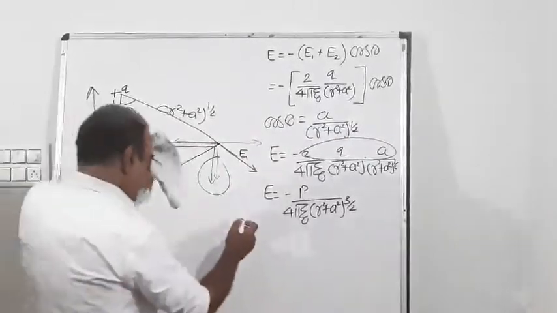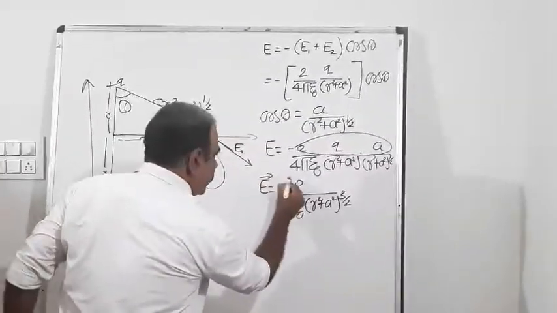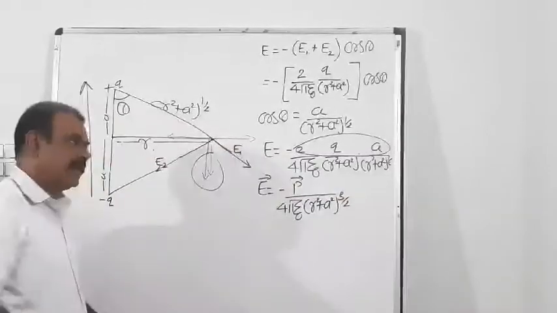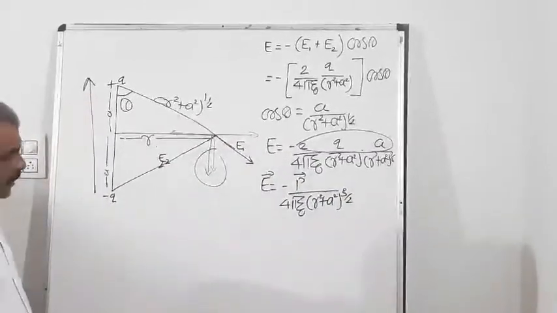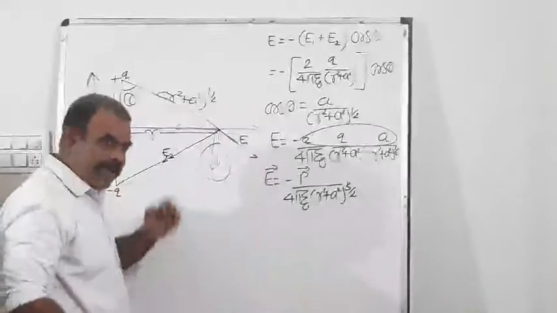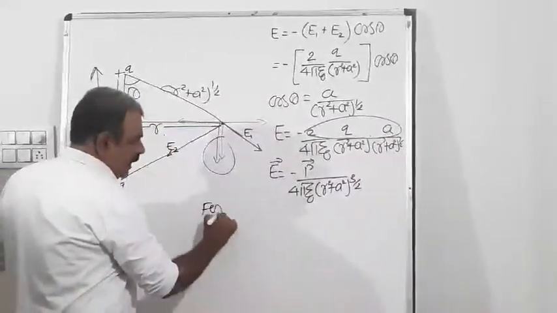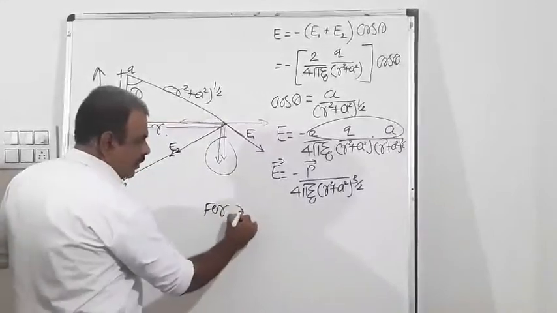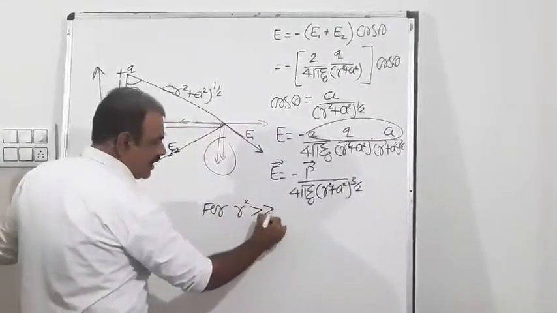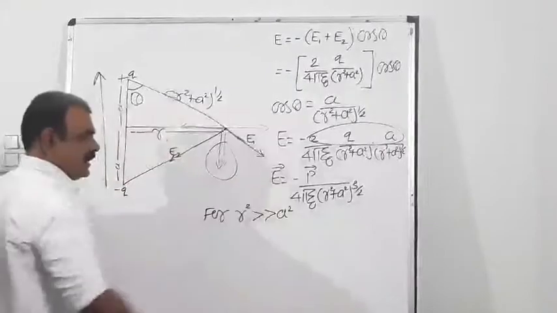Student, if we represent this in vector form, then there is a vector sign on E and a vector sign on P. Now for a very short dipole, a point dipole or short dipole, we have r square very much greater than a square.